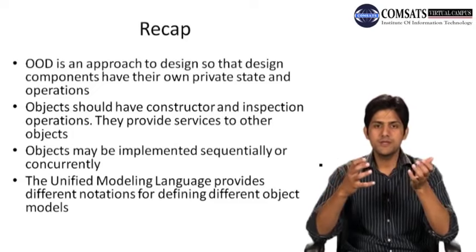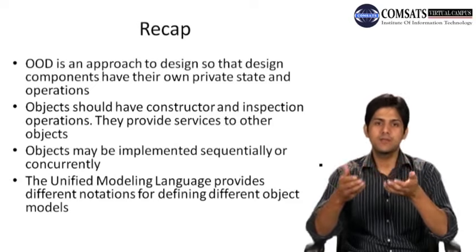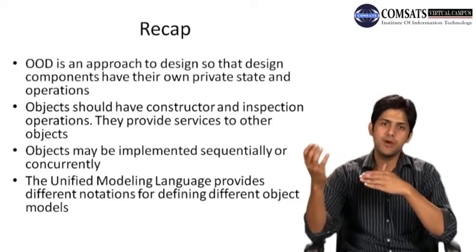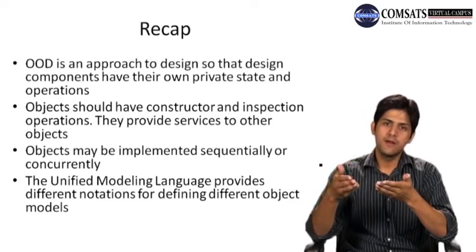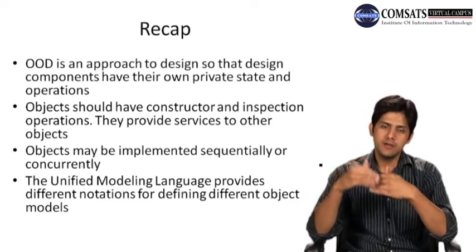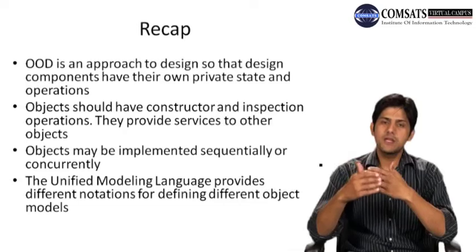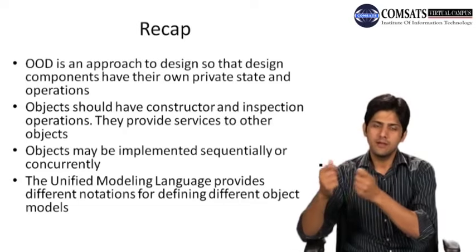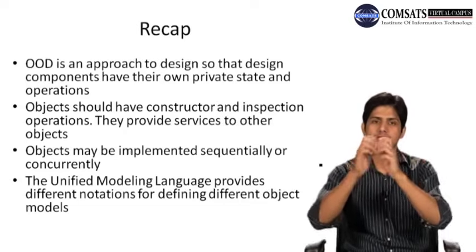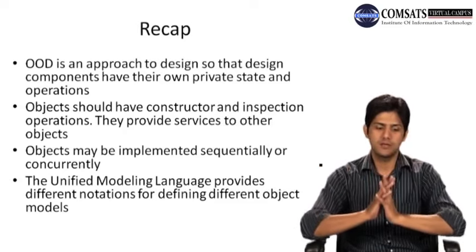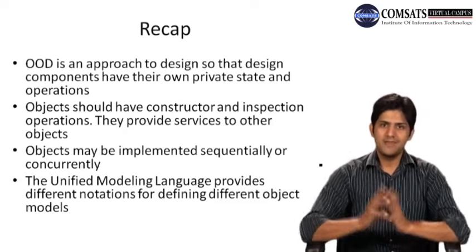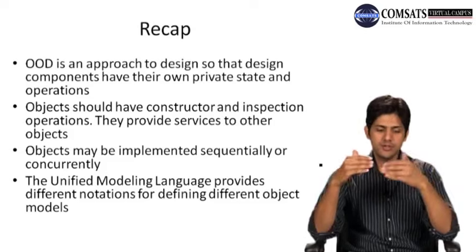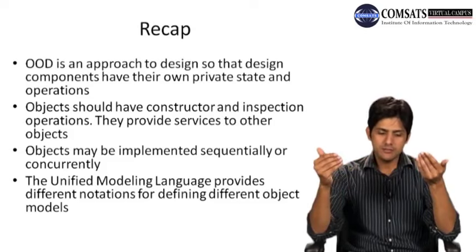These operations let other objects interact with this particular object. For example, when one object wants to interact with another object, it will send a message, and the receiving object will perform some operation and do the job, whatever the message was. And each object should have a constructor and inspection operation.